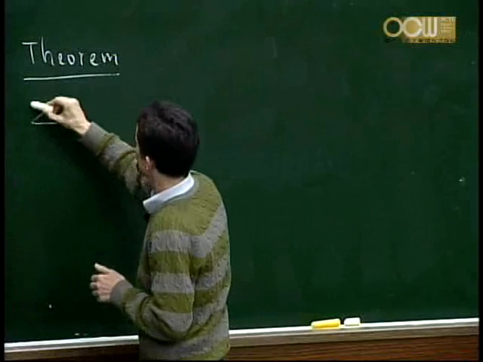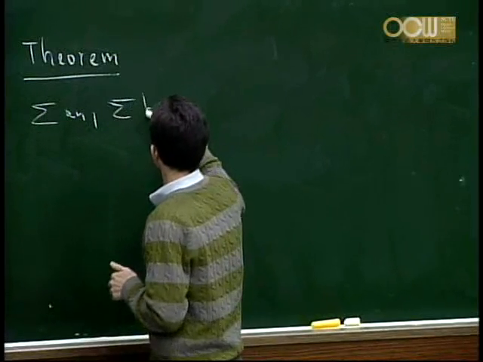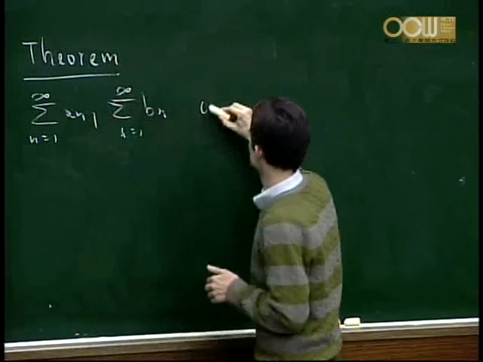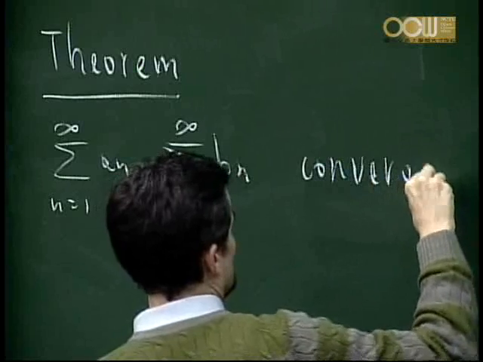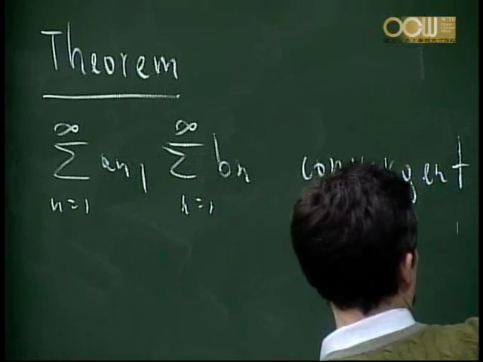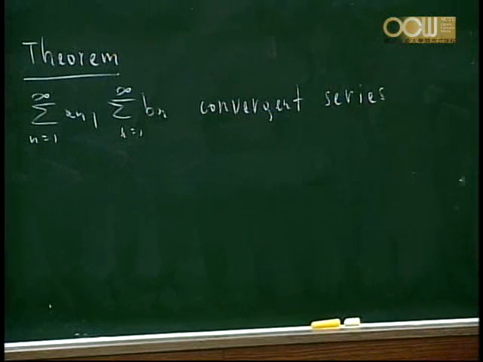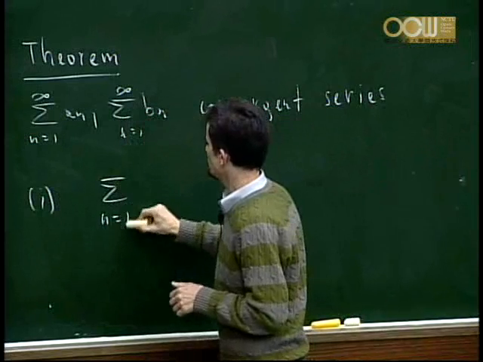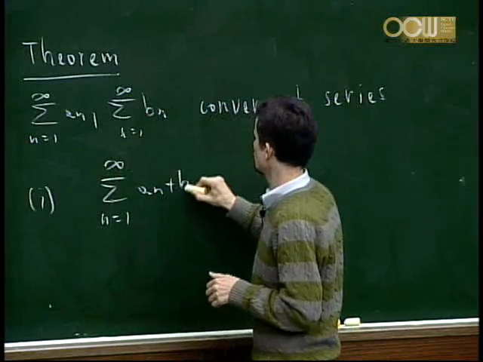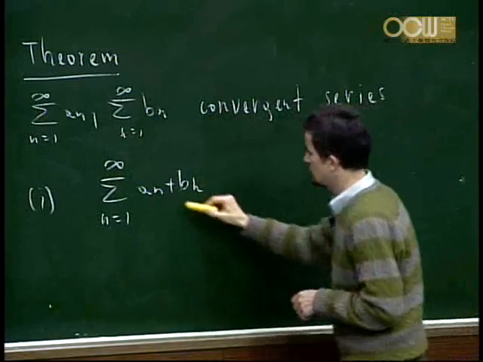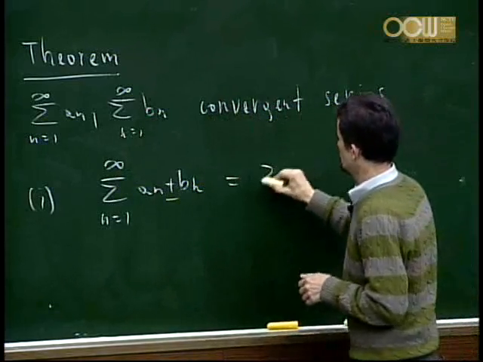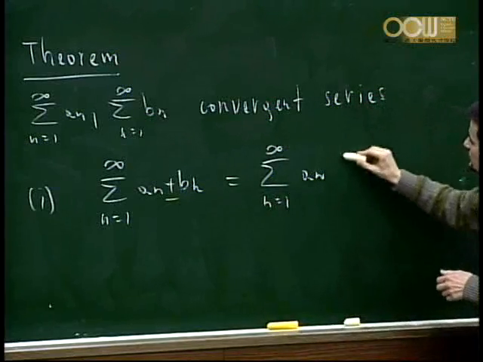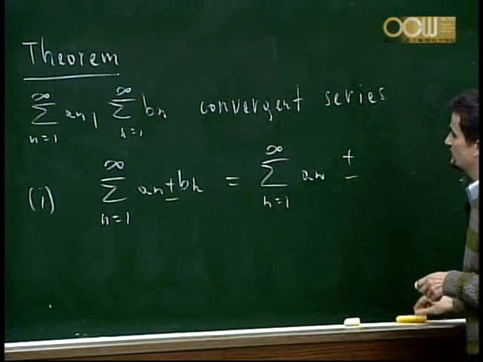Okay, so if you have 2 series which are convergent, then if you look at this series here where the new terms are a_n plus b_n or a_n minus b_n, then this is equal to the series over the a_n plus or minus the series over the b_n.